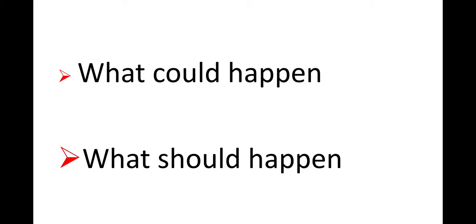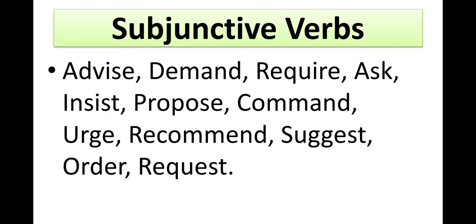So what are the subjunctive verbs which are used to express wishes or hypothetical situations or what could happen, what should happen? Subjunctive verbs are advise, demand, require, ask, insist, propose, command, urge, recommend, suggest, order, request. So these are subjunctive verbs.